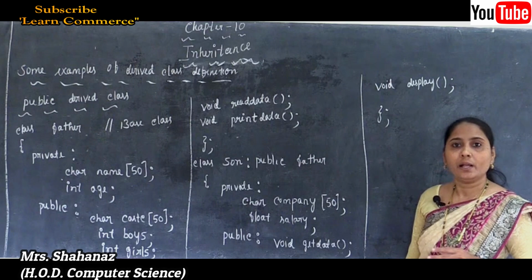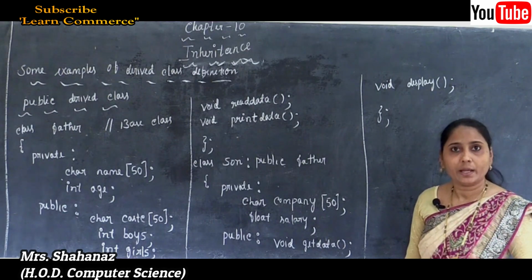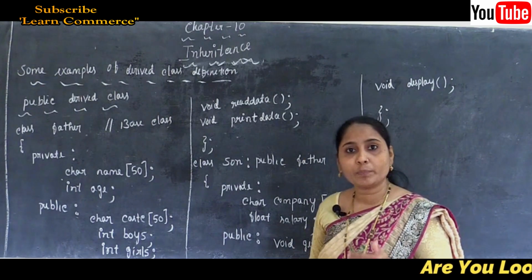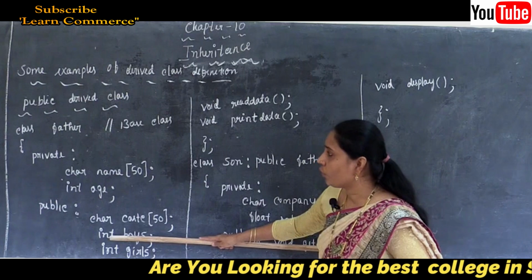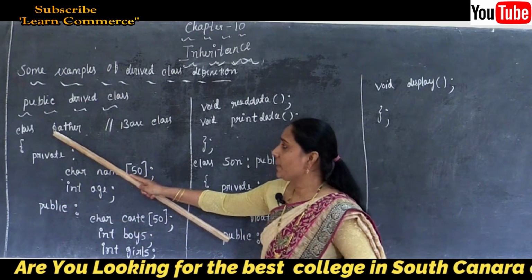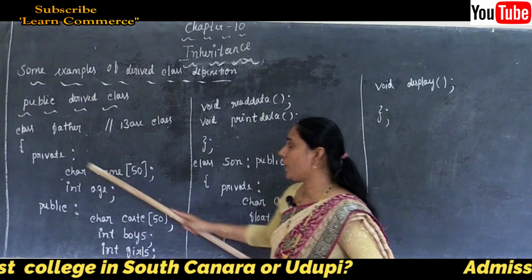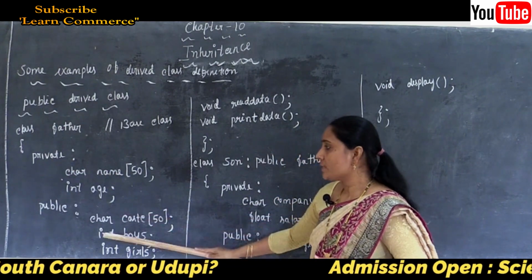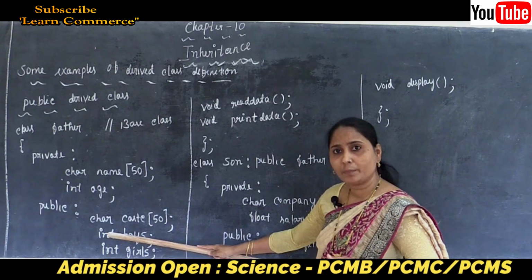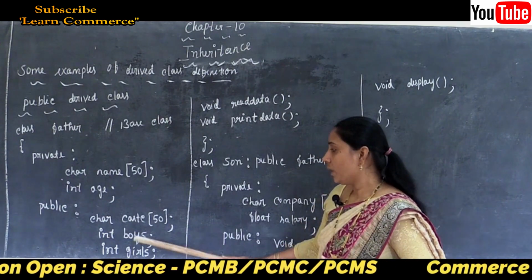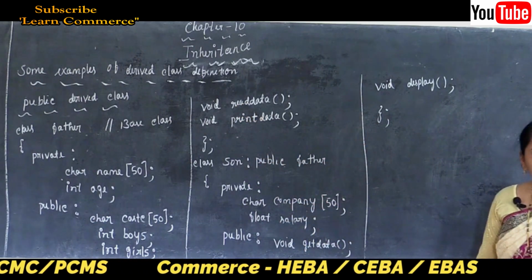And similarly, when you are going to access from the private side, as it is we need to write the base class father, private member data of the father are name, age, and some of the public features of the father base class are caste, boys, girls, read data and print data here.